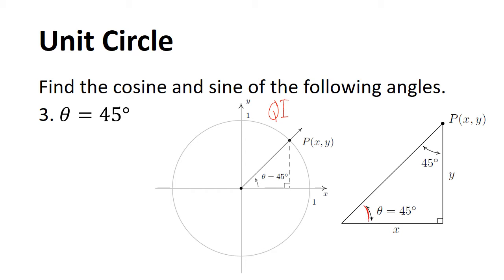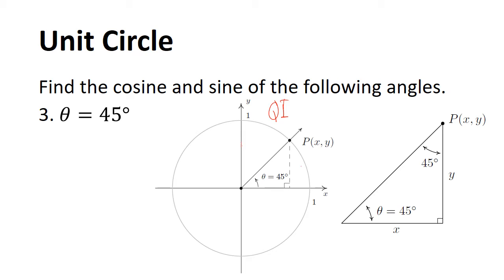Ito. And of course, dahil 45, 90 yan, para mabuo yung 180, 45 din yung angle sa taas. And since we draw a perpendicular line which is parallel to the y-axis, kung ano man yung y ni P, yun din yung value ng y na to or ng side ng right triangle na yun.